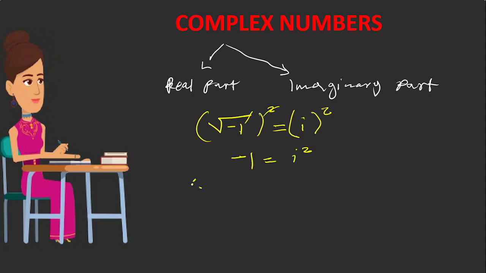Therefore, we concluded that i squared is simply equal to -1. I had to emphasize the need and importance of you knowing this particular formula. This was our brief summary of the class which we had.